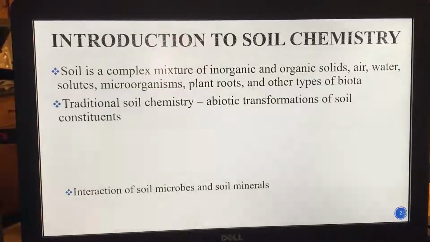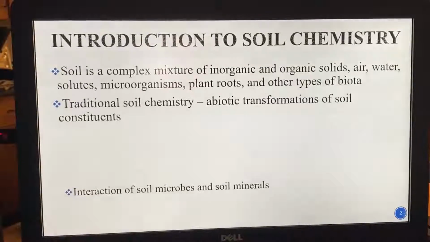And so typical traditional soil chemistry, we looked at those abiotic factors and how they transform those. So abiotic being water or pH or air, things of that nature, the not living things.